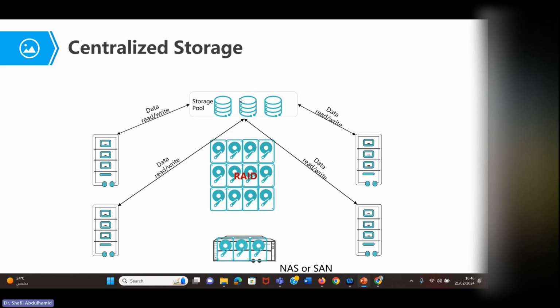However, the information that is being written or deleted on the storage pool is eventually going to be stored or deleted also from the physical device. The physical devices are connected using a shared pool of physical devices also.